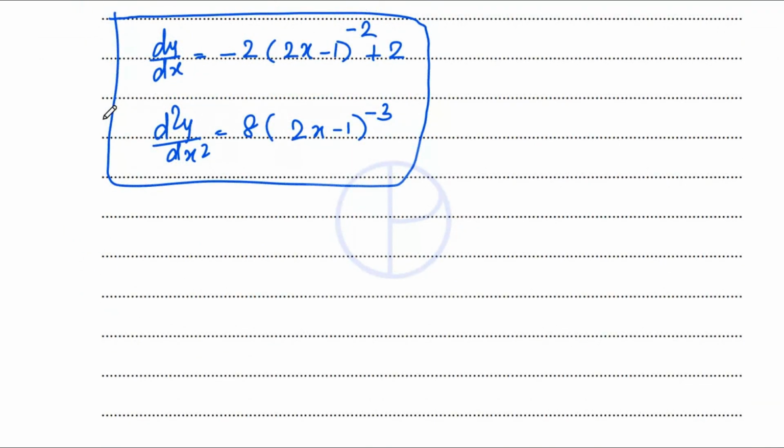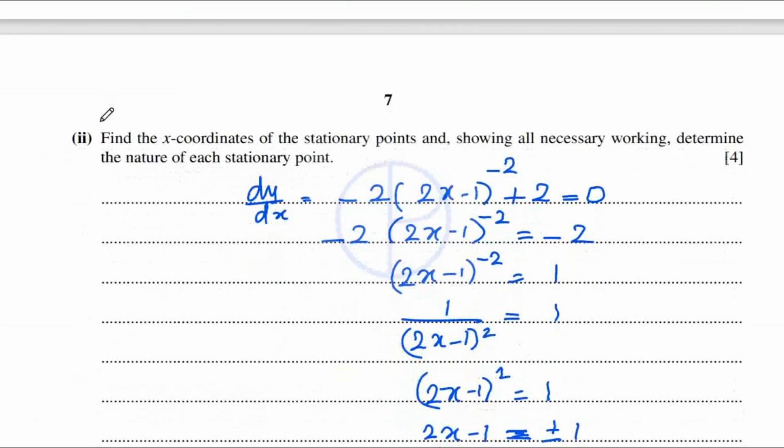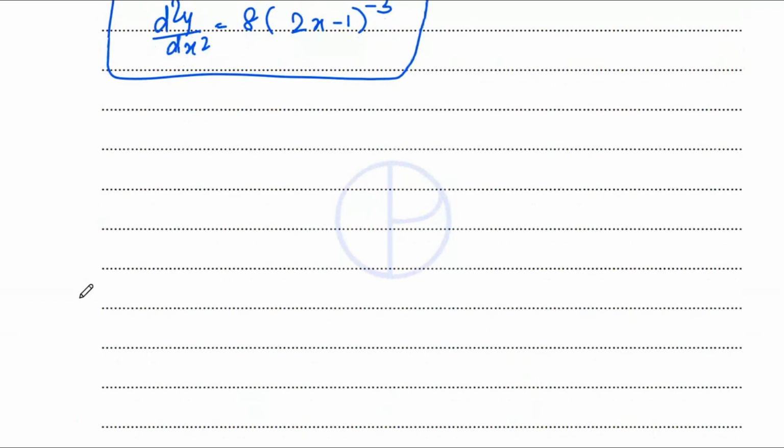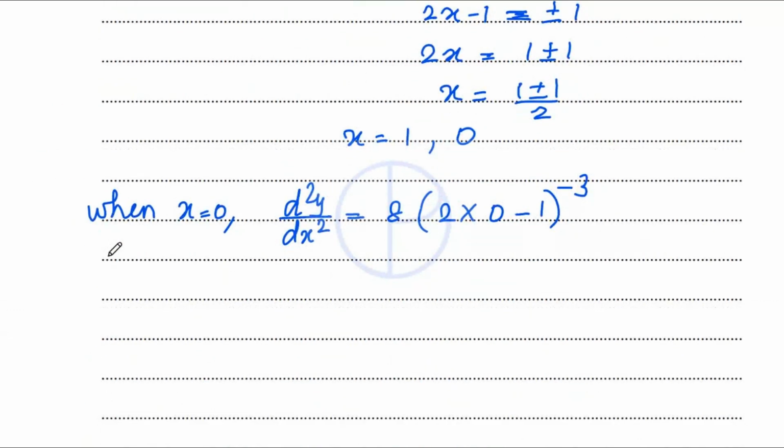d squared y by dx squared equals 8 multiplied by (2x minus 1) to the power negative 3. So 2 multiplied by 0 minus 1, the whole power negative 3. So this will be equal to 8 divided by (negative 1) to the power 3, so negative 8.